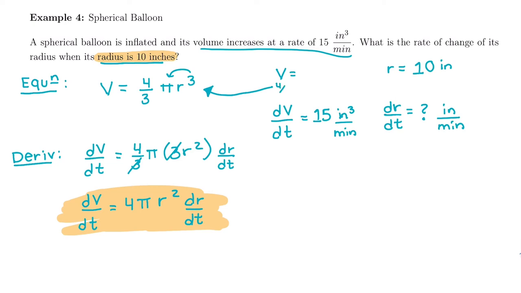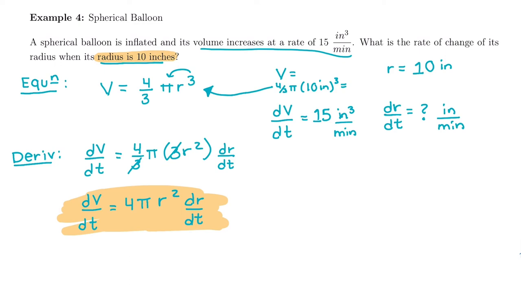I could do 4/3 pi times my r is 10 inches getting cubed. And I'm not going to multiply with the pi in there. It's going to make it a crazy decimal, but I am going to figure out what is 10 inches cubed times 4/3.